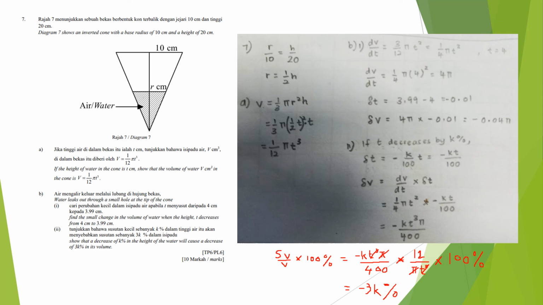So we already show that if the height decreases k%, the volume also will decrease 3k percent. Okay, this is for number 7.